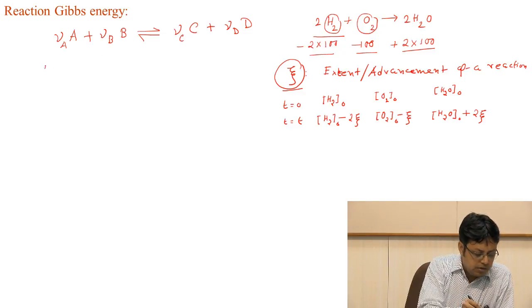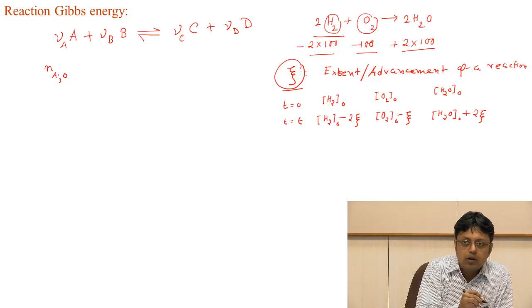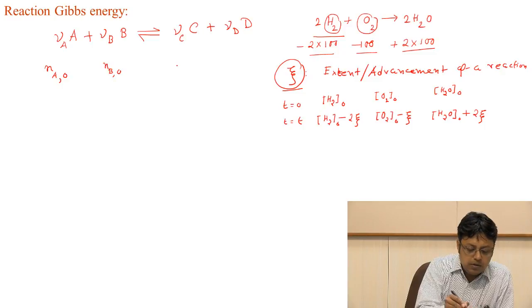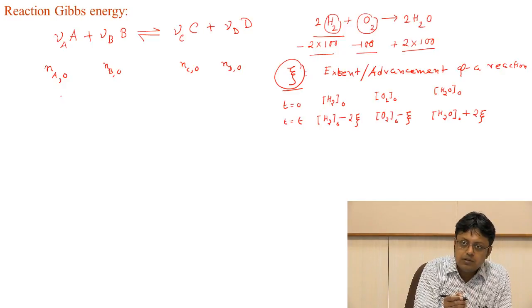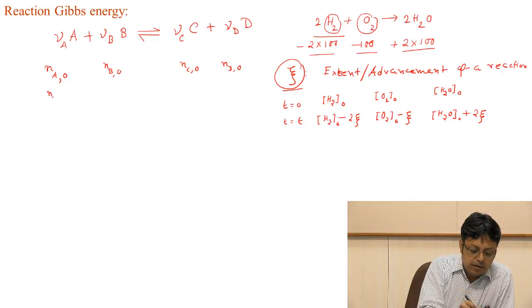Suppose the initial amount of A was Na0, and similarly the amounts of B, C, and D were Nb0, Nc0, and Nd0. Then we can say how much stoichiometric amount remained at time t.